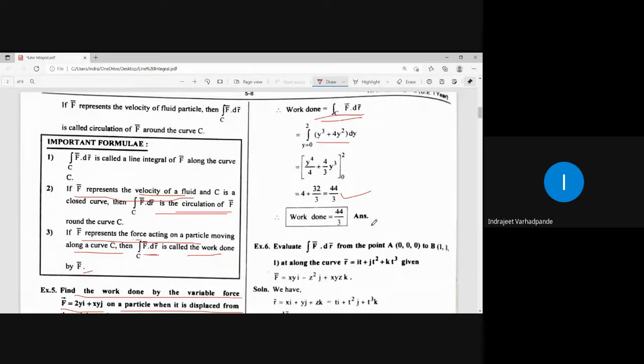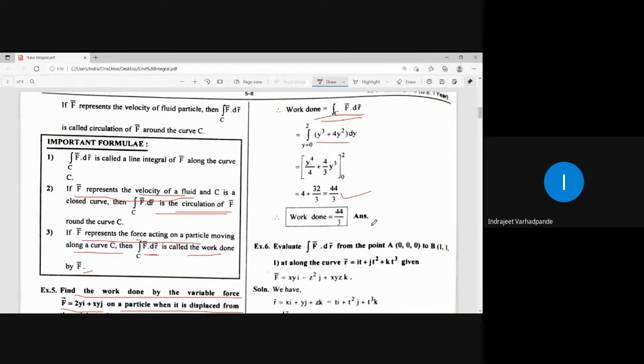So in this manner, whenever we have to calculate the work done, we try to convert it into a single variable, so that the integration is possible, and depending on the given points or the coordinates, we determine the region of integration and integrate it between the given points. Now, sometimes it may be expressed in the form of a scalar or a parameter t.